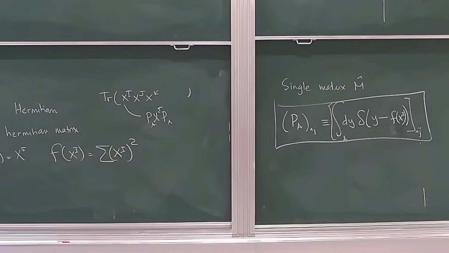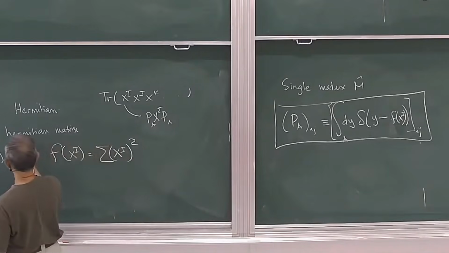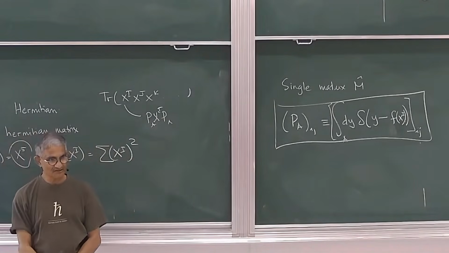Any F you choose. Any function of the matrices which itself is Hermitian, I can use the UN gauge symmetry which acts on all the matrices to diagonalize this particular one. For example, I can diagonalize X5, one of those matrices.